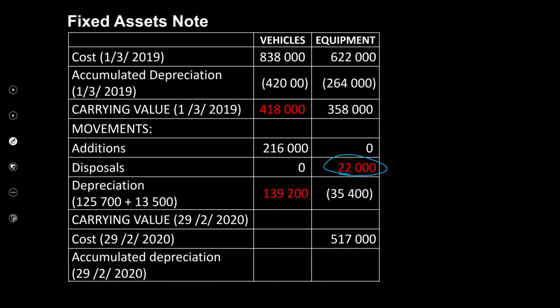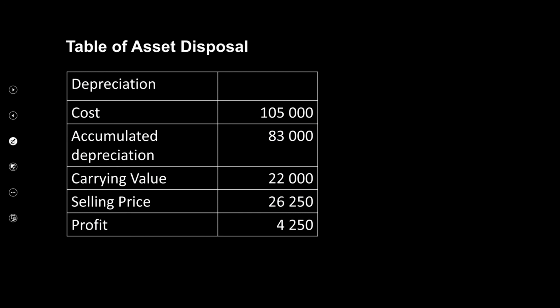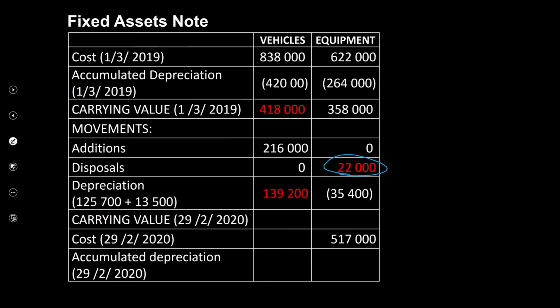Now, let's look at how we completed our table with regards to our asset disposal. If you look at equipment, you have an opening balance of 622,000. There were no additions, so that means you did not purchase any equipment.